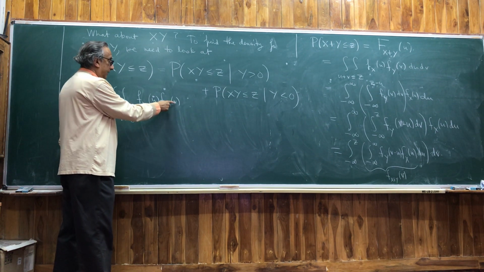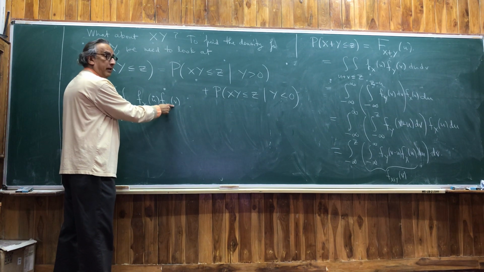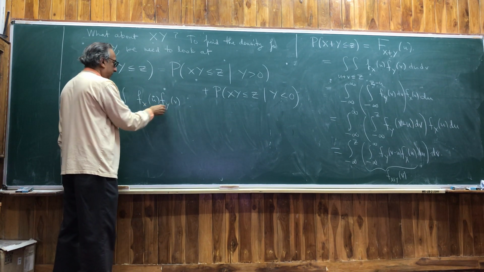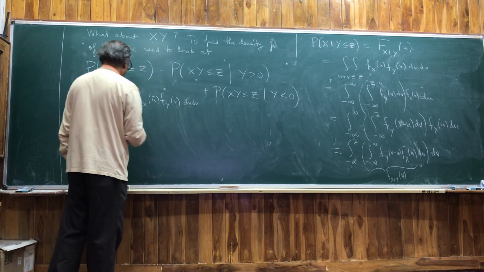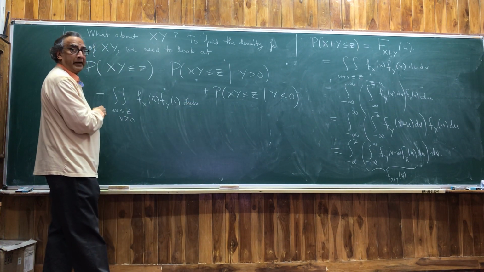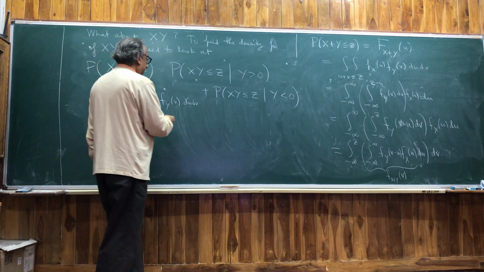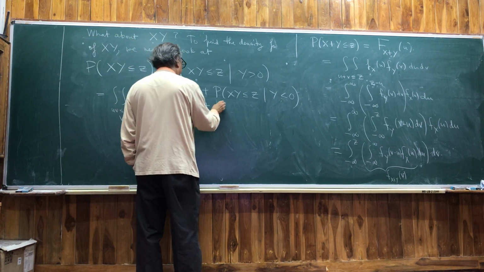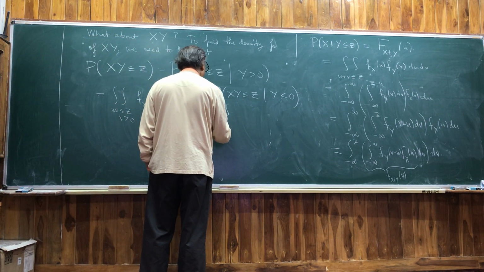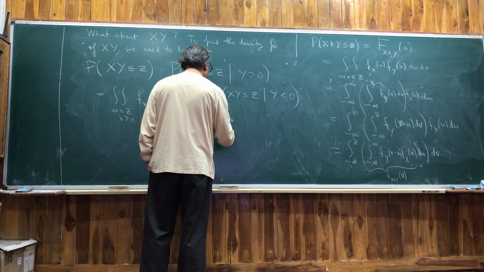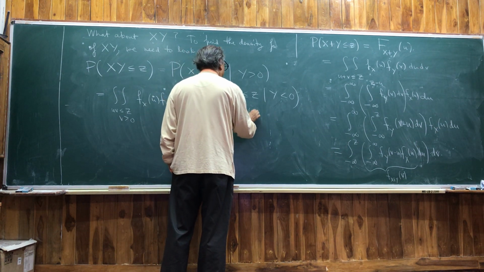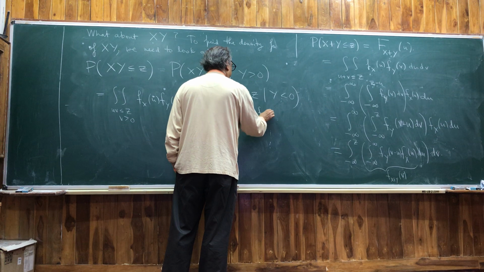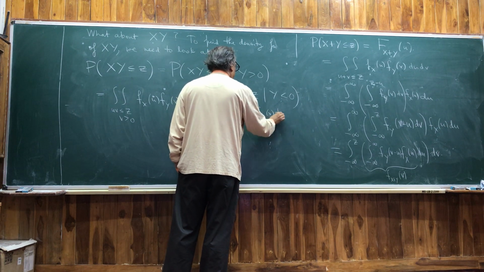The probability that it takes on the value v is given by f_Y(v), that Y takes on that value. So this is du dv, and v is positive in this range. In the other case, uv is less than or equal to z, v is negative, we'll do the same thing: f_X(u), f_Y(v), du dv.